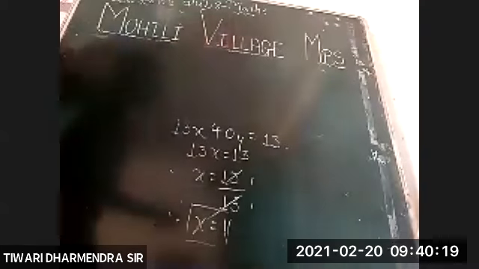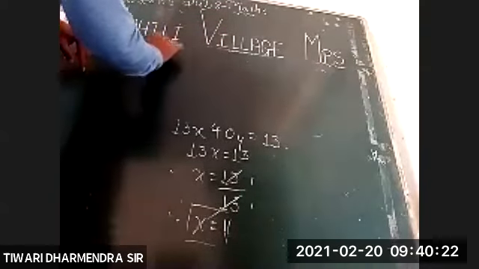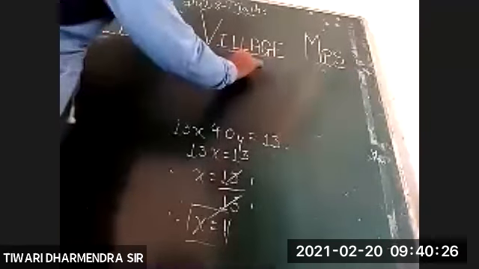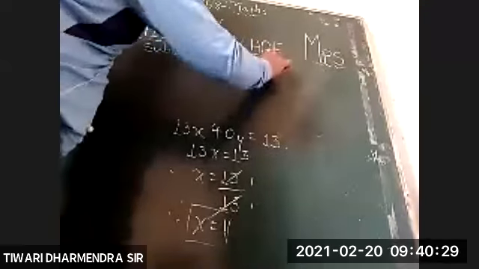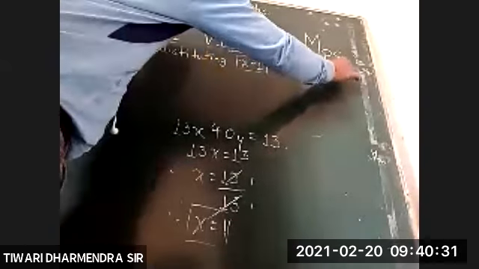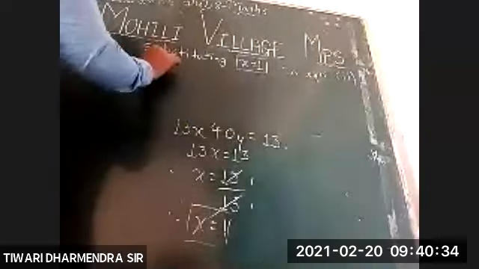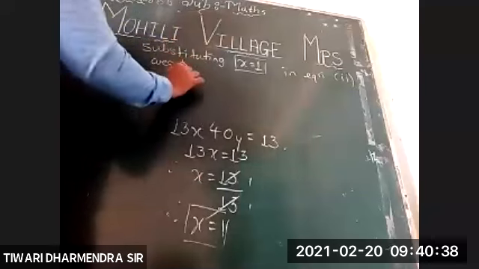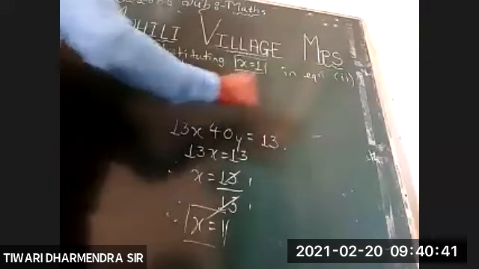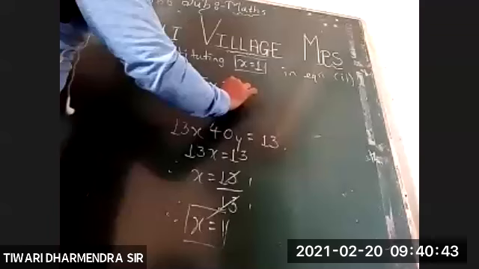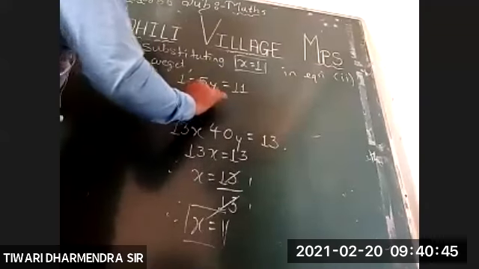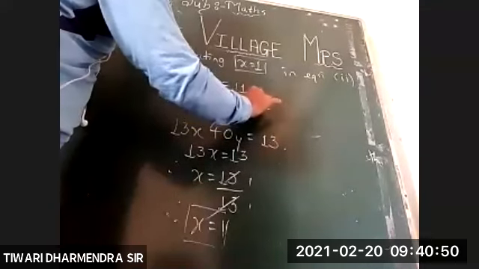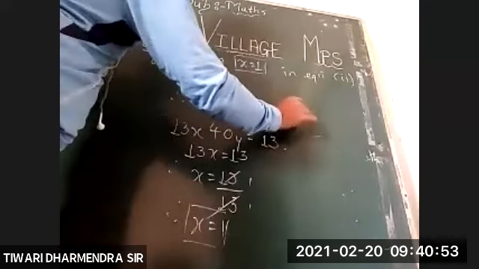Substituting x equal to 1 in equation 2, we get, the value of x is 1, so 1 minus 5y is equal to 11. Therefore minus 5y is equal to 11 minus 1, which is 10.